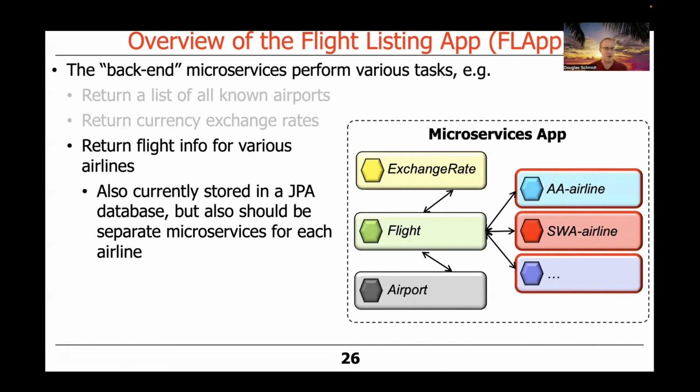That's also currently stored in a JPA database, but in real life, those would undoubtedly be implemented by the airlines themselves, and then they would provide partner services like Expedia or Travelocity or Priceline or whatever access to the APIs for querying their most likely REST-based databases that provide flight information and pricing and so on and so forth.